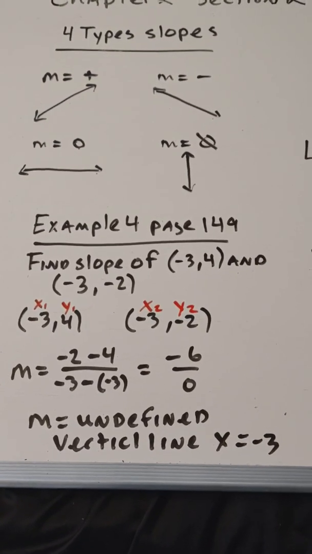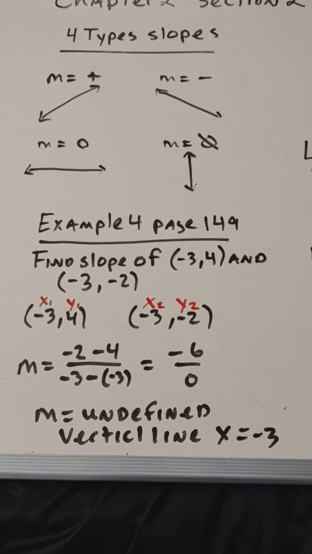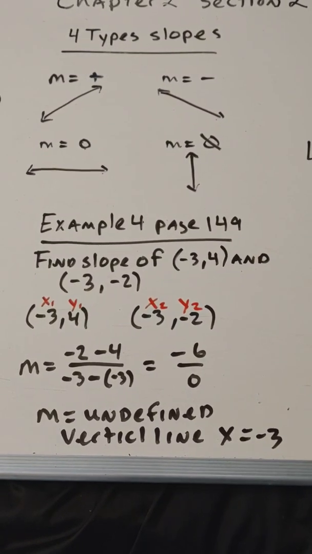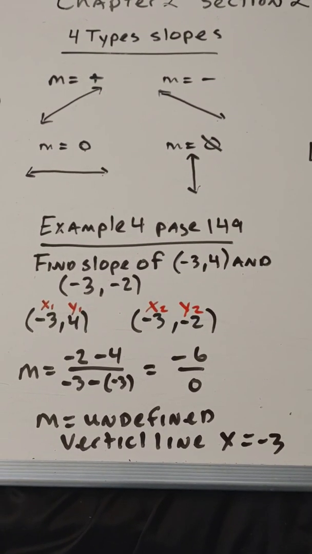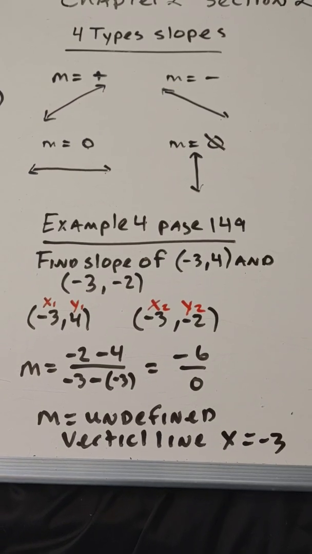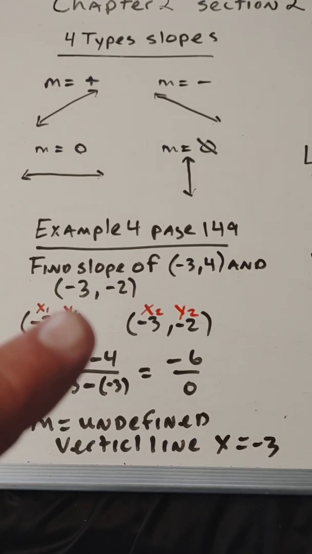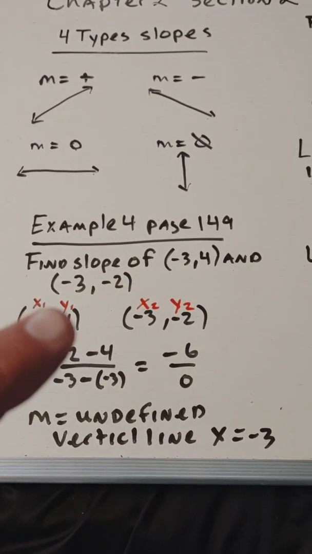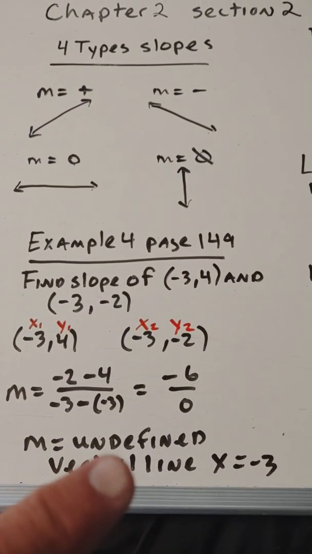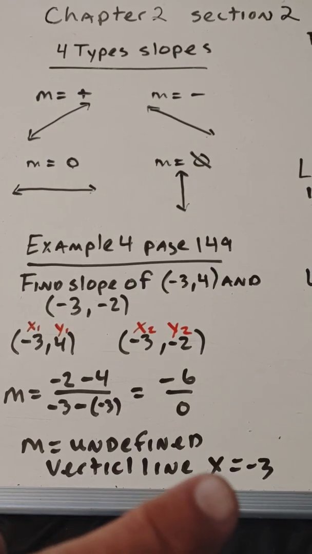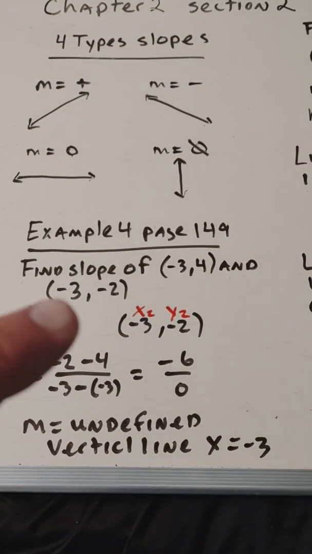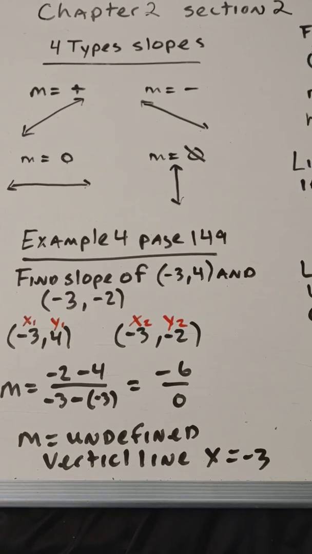It is not 0. 0 in the denominator's place of a fraction, on the bottom of a fraction, is undefined. Make sure you understand that. Also make sure you understand that anytime I get ordered pairs and I can see that the x's are the same, it's an undefined slope. And it's a vertical line, x equals that number in place of x.